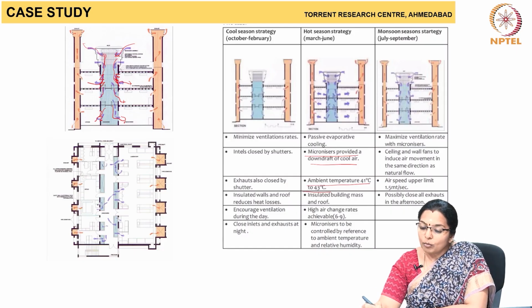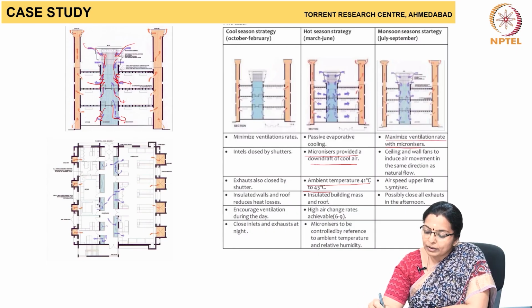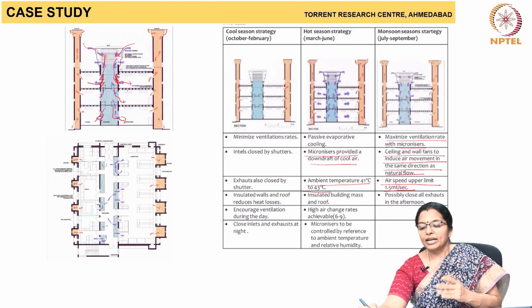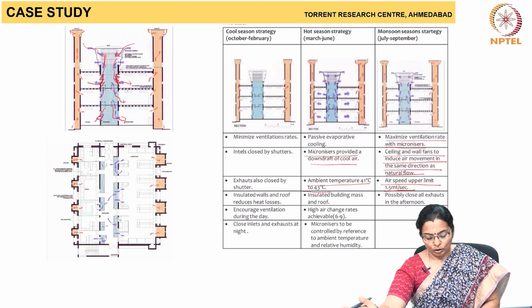Then during the monsoon season between July and September, there is maximum ventilation rate with micronizers. So ceiling and wall fans are used to induce air movement in the same direction as natural flow. The air speed upper limit is about 1.5 meters per second. By noon, all the exhaust gets closed in the monsoon season.